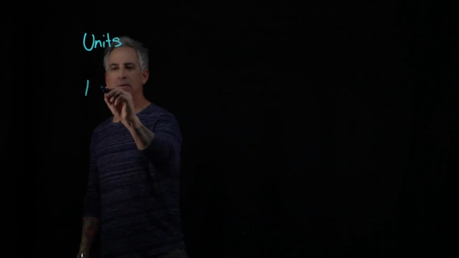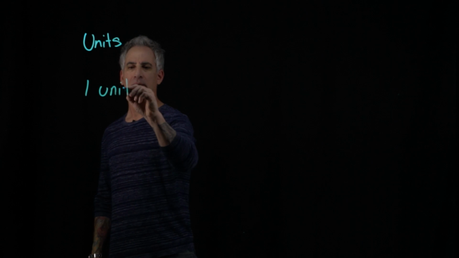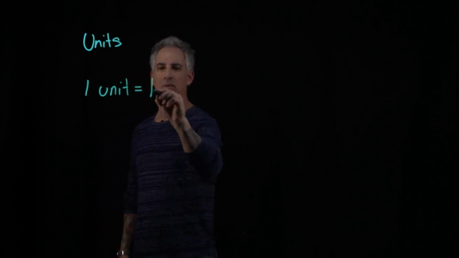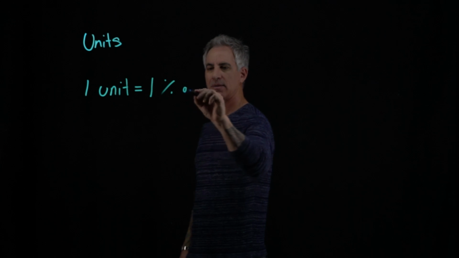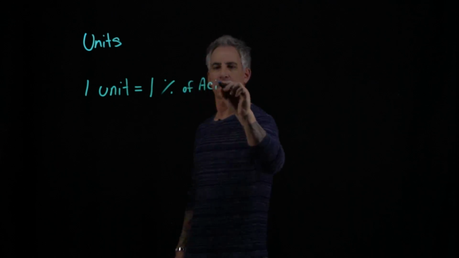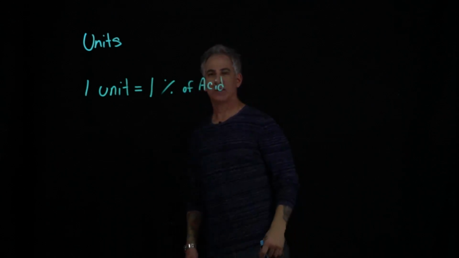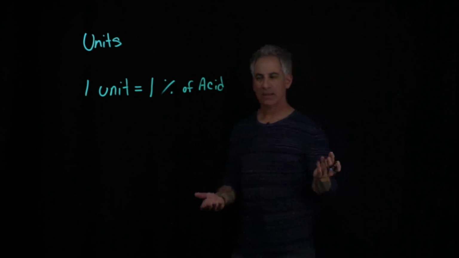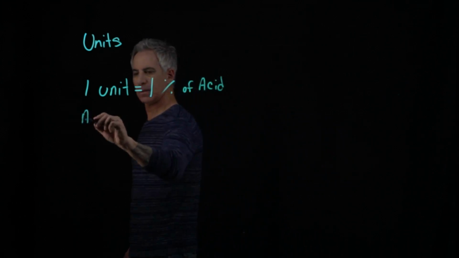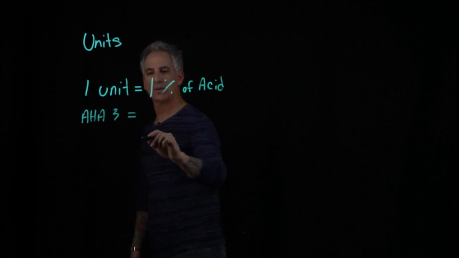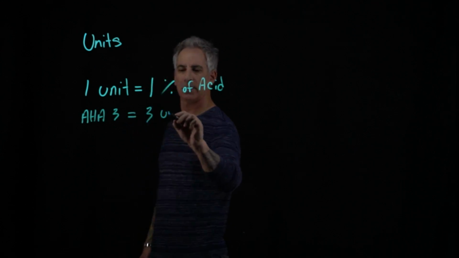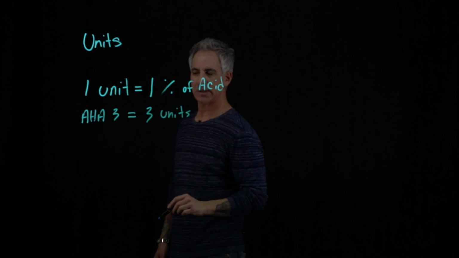So 1 unit equals 1% of acid. Okay, so in the Cerine line, AHA3 equals 3 units.